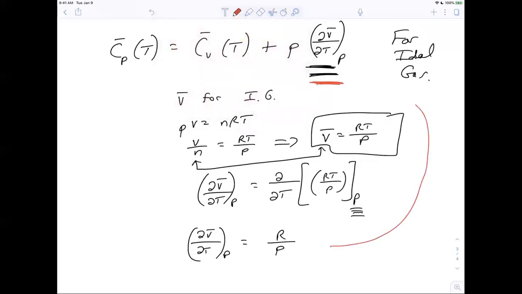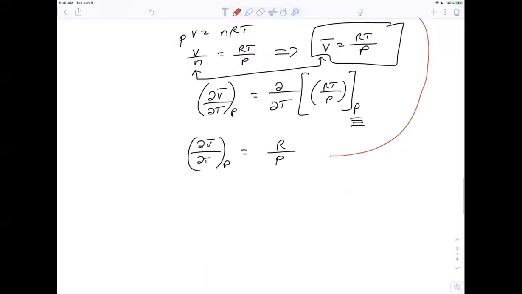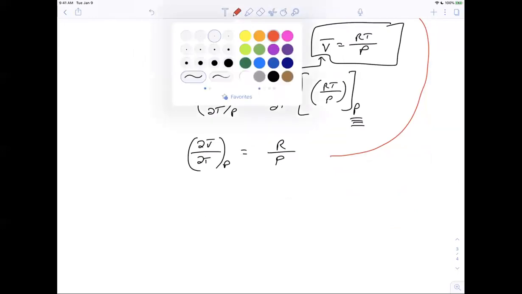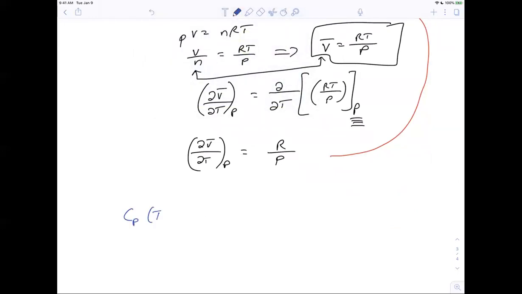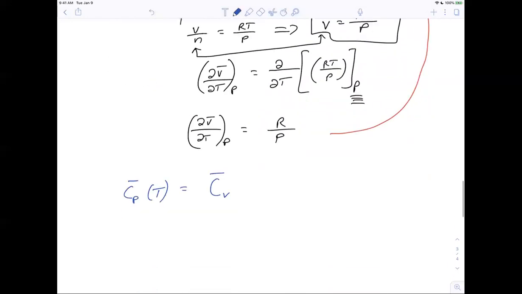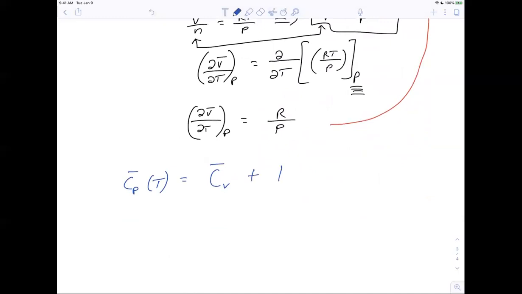So it's P times R over P, because P times the partial derivative of V bar with respect to T at constant pressure is just R over P. So this term is going to give us R. So what we're left with then is Cp is equal to Cv. Oh, these are molar, I believe. Yep. Plus R.